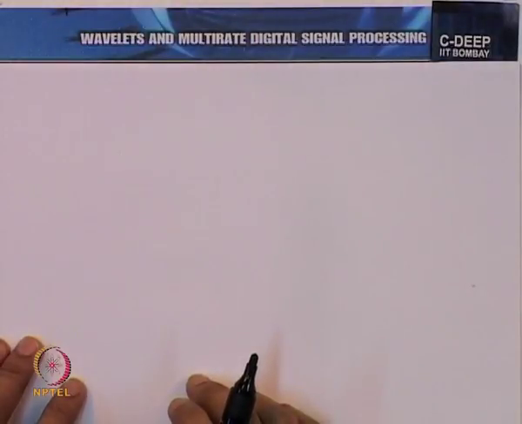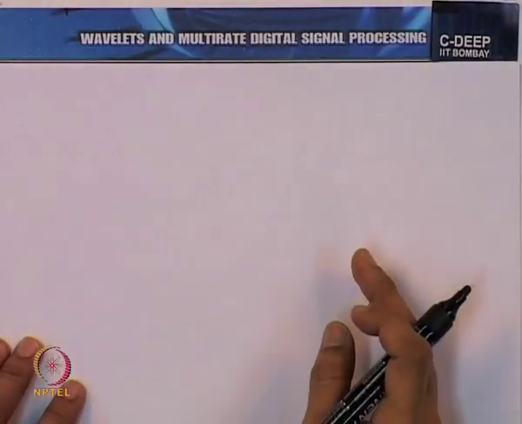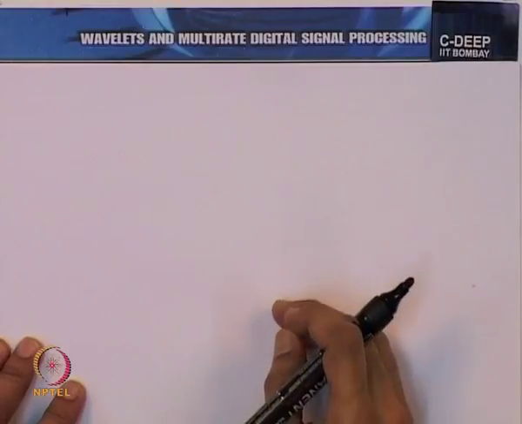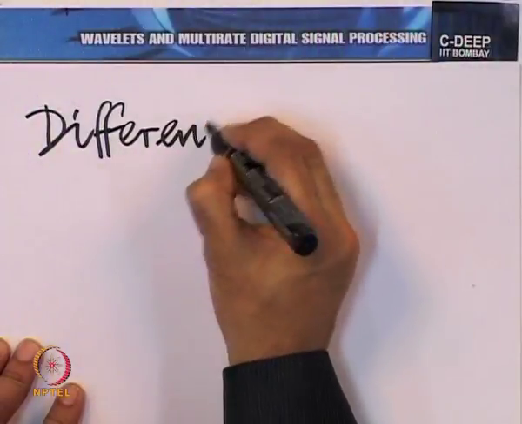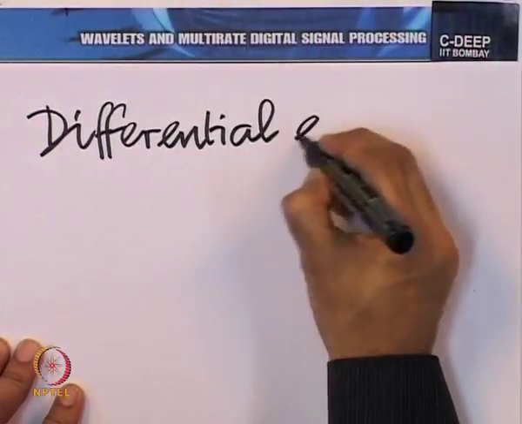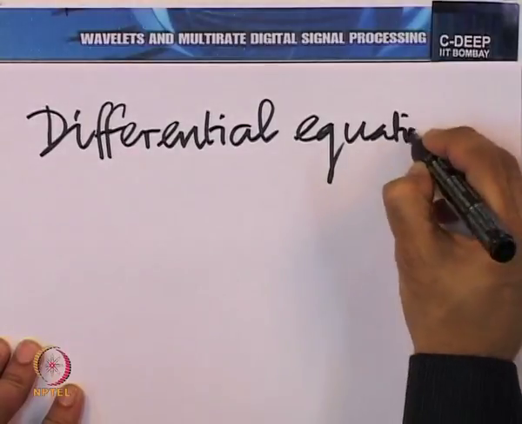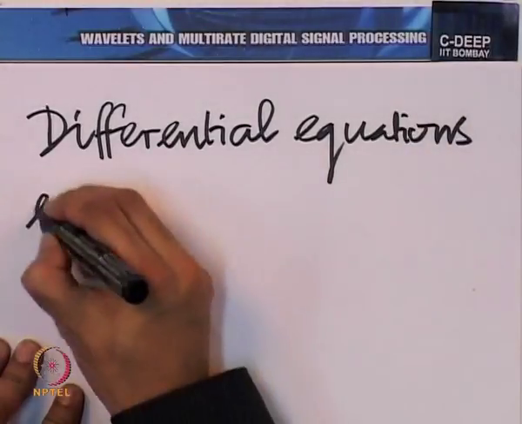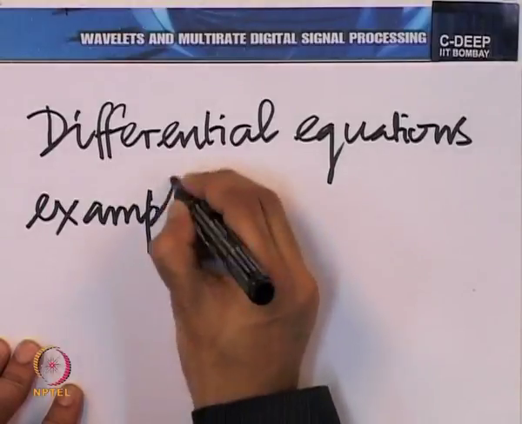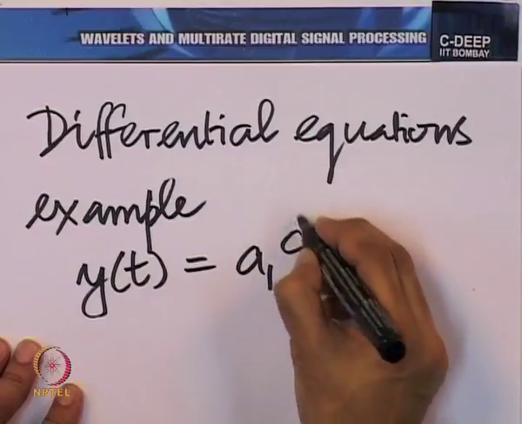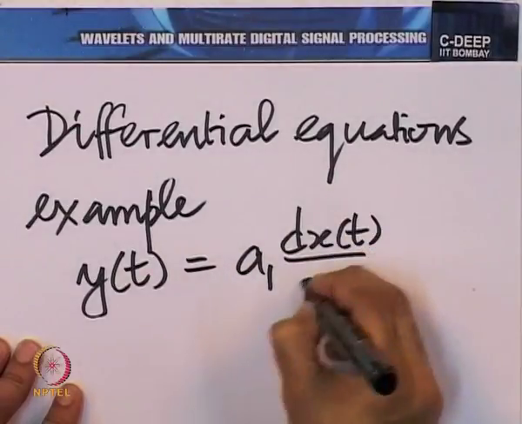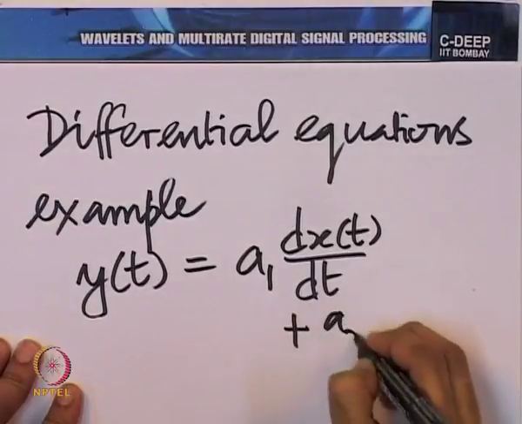Incidentally, just as you have differential equations, you have difference equations, you have dilation equations here. So, we often encounter differential equations, example could be y t is a 1 dx t dt, let us say, plus a 2 x t.